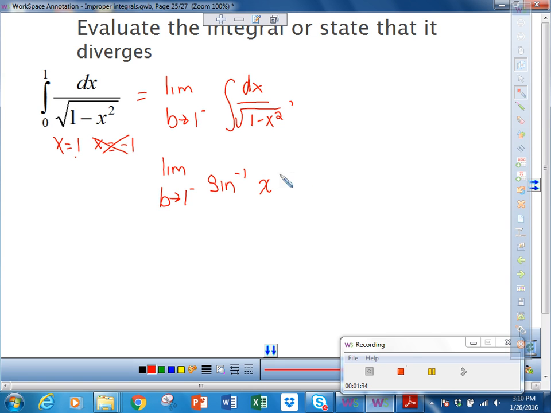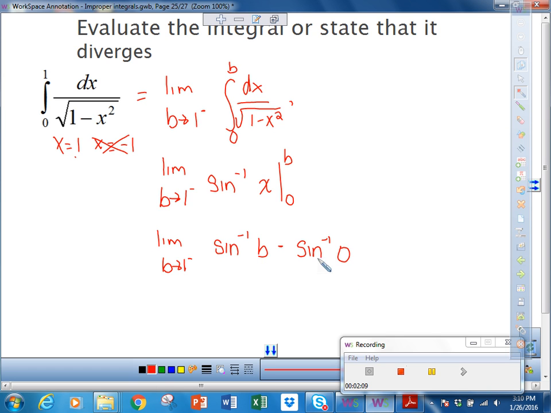Doing a direct substitution, I'm evaluating this from 0 to b, and I should have also written this from 0 to b, sorry. So it's going to be the limit as b approaches 1 from the left of sine inverse of b minus sine inverse of 0.